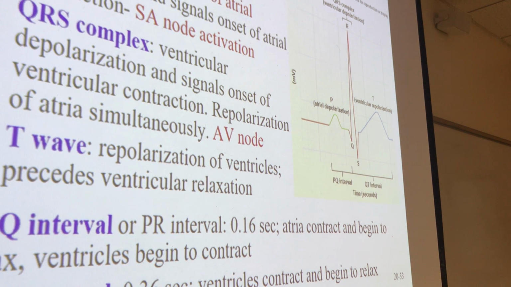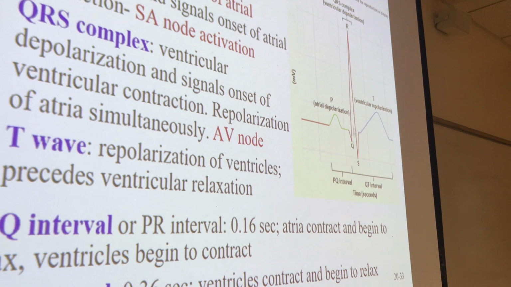So we want it to be nice, large, and thin. That's what we want to see in a normal, healthy QRS complex. Now, what does a QRS complex indicate? A functional AV node. When we see the P and the QRS together, we know that our cardiac conduction system is good. The last thing we see is a T wave.